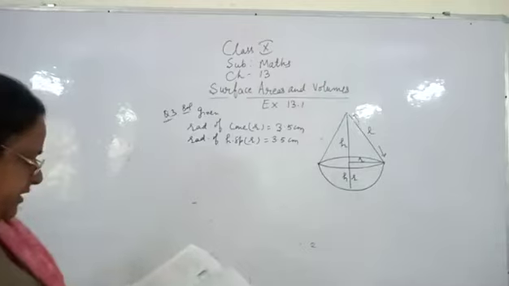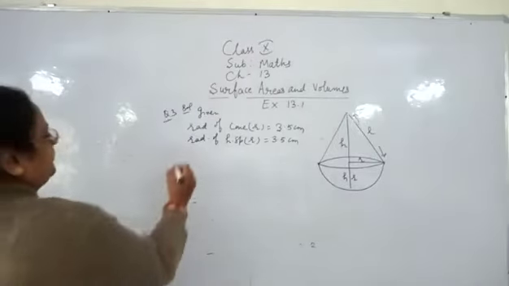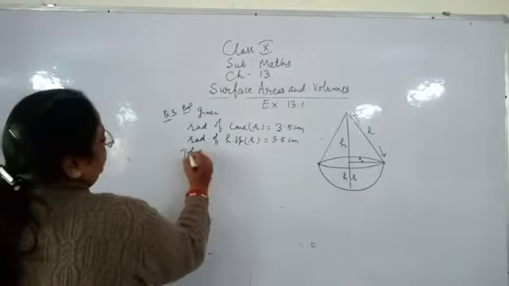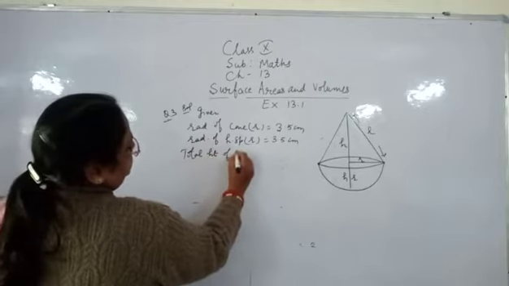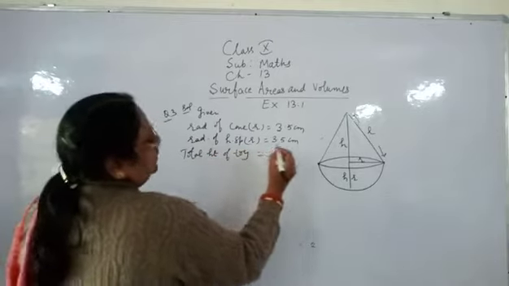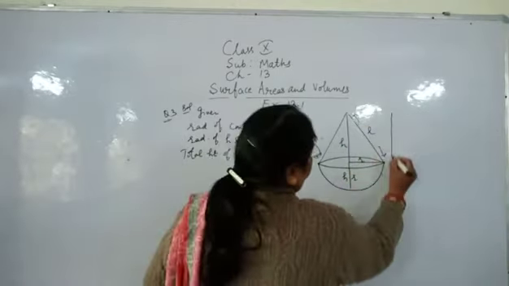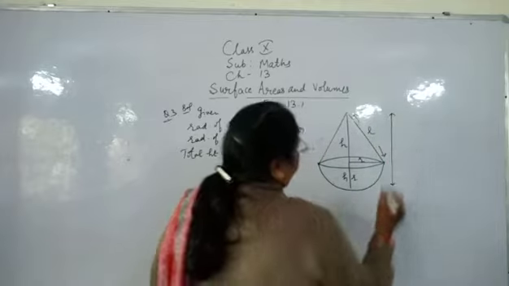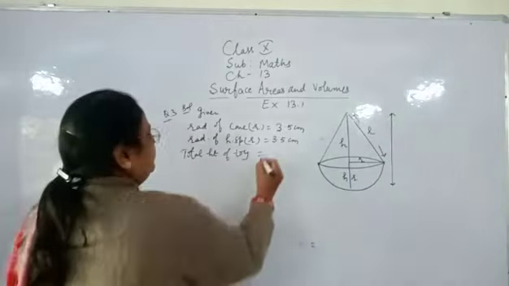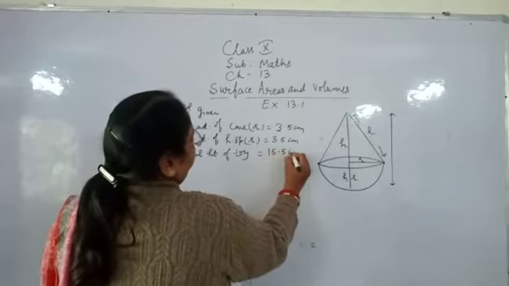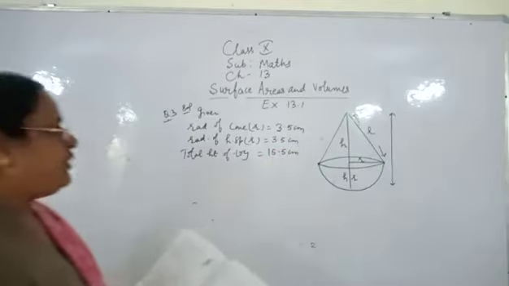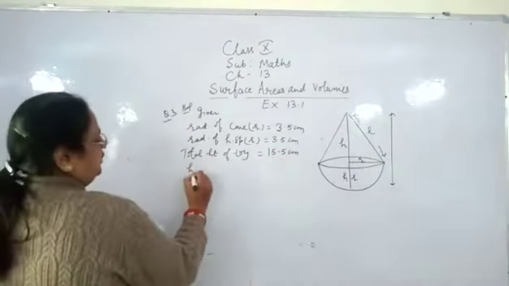Again what is given? Total height of the toy. This is the total height of the toy. It is given as 15.5 centimeter.